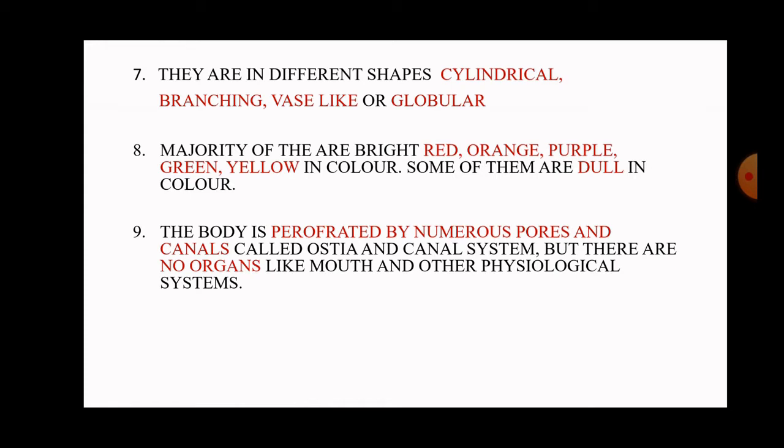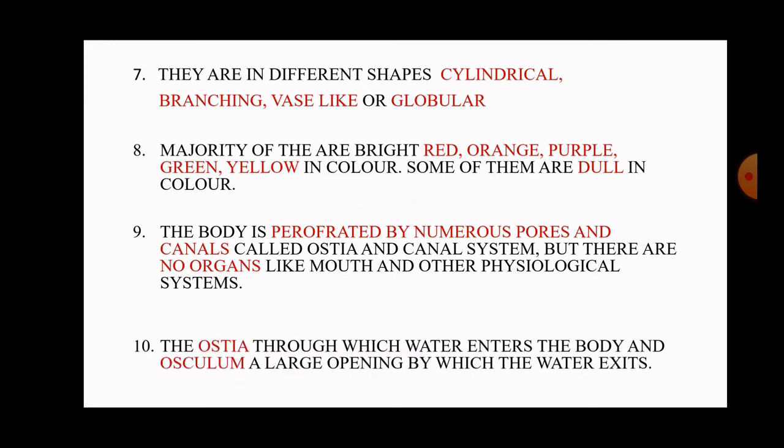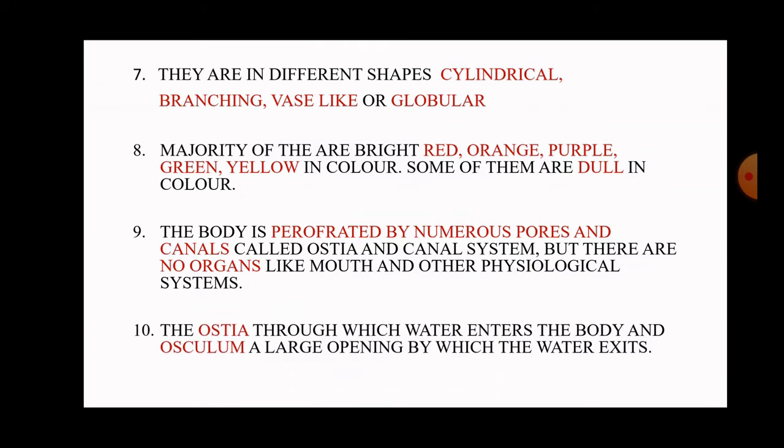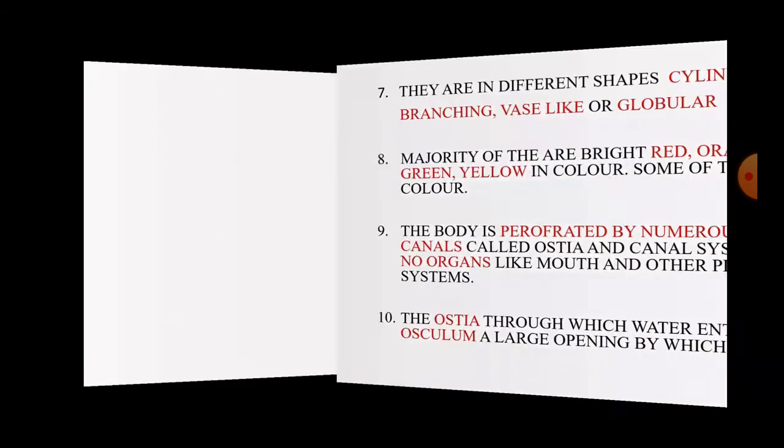The ostia as well as the canal system are used together for their regular activities. Actually, water enters the body through the ostia and comes out of the body through the osculum, which is a large opening of the animal.